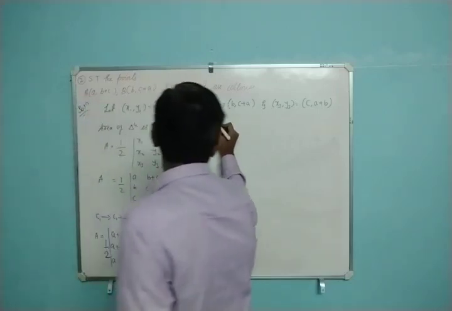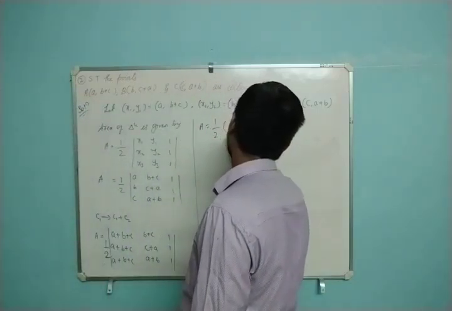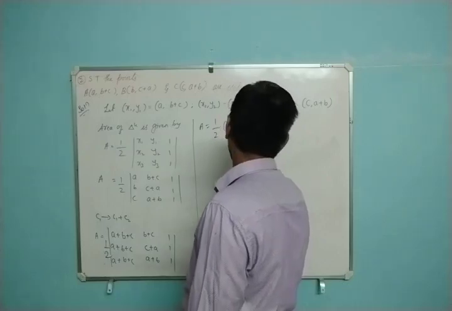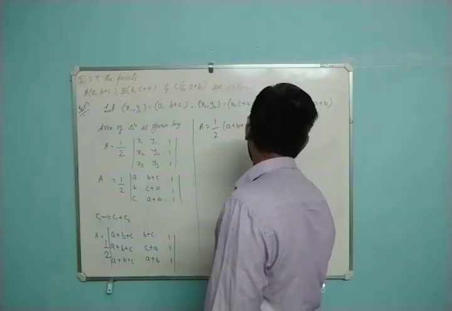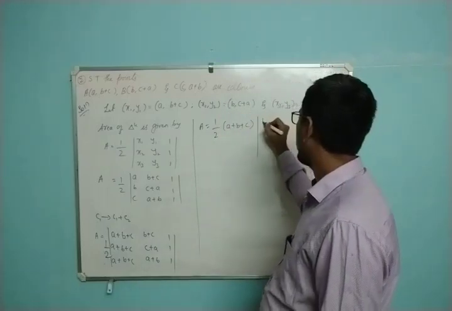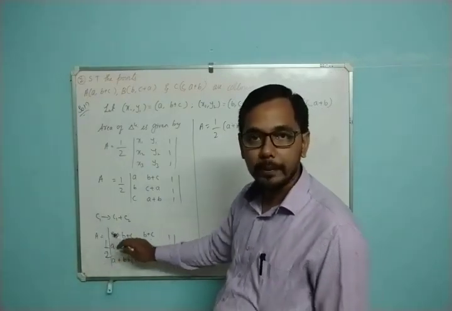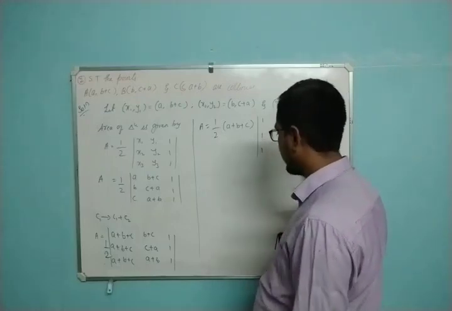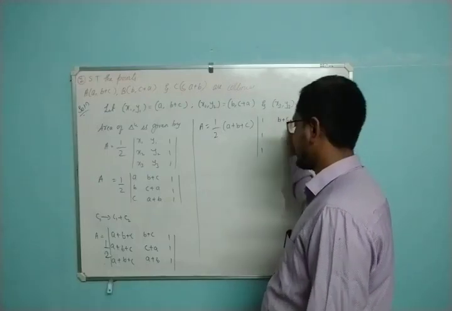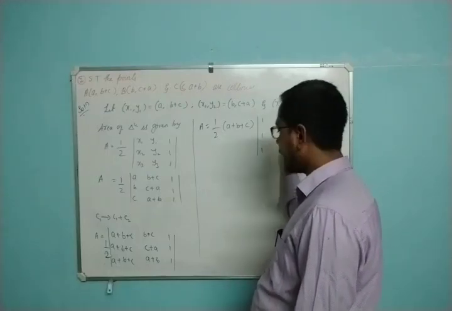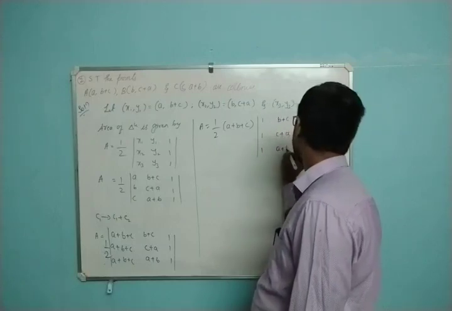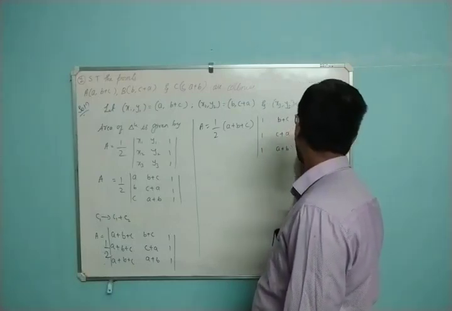Half into a plus b plus c into the determinant. What is that? 1, 1, 1, because a plus b plus c comes out and 1 remains in the first column. And here b plus c, c plus a plus b, and 1, 1, 1.